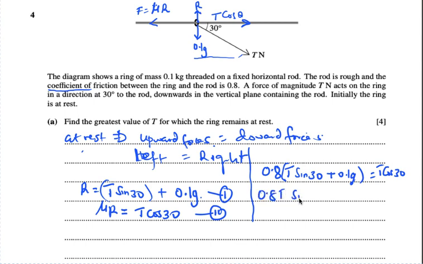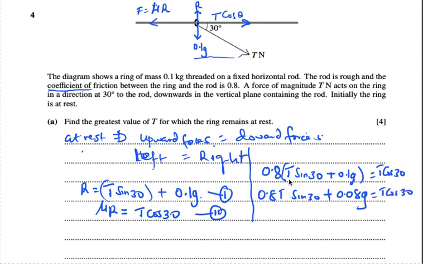So we have 0.8 T sine 30 plus, when we multiply 0.1 by 0.8, we get 0.08, so 0.08g equals T cos 30.